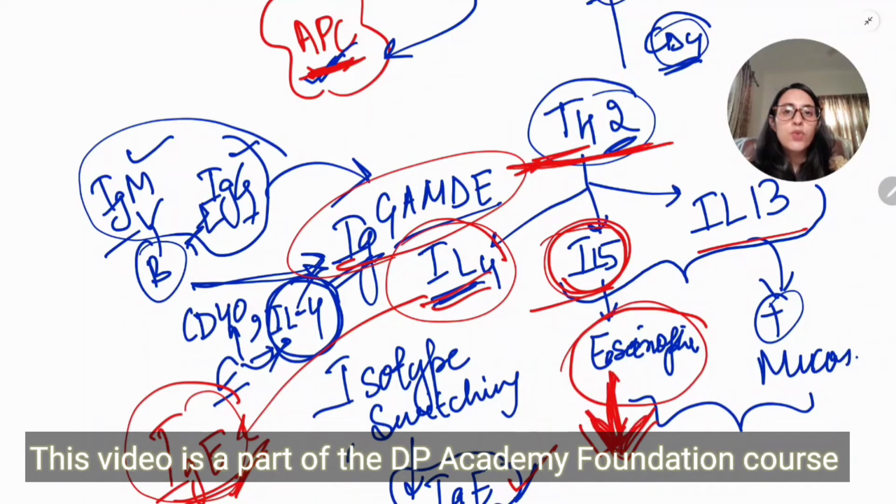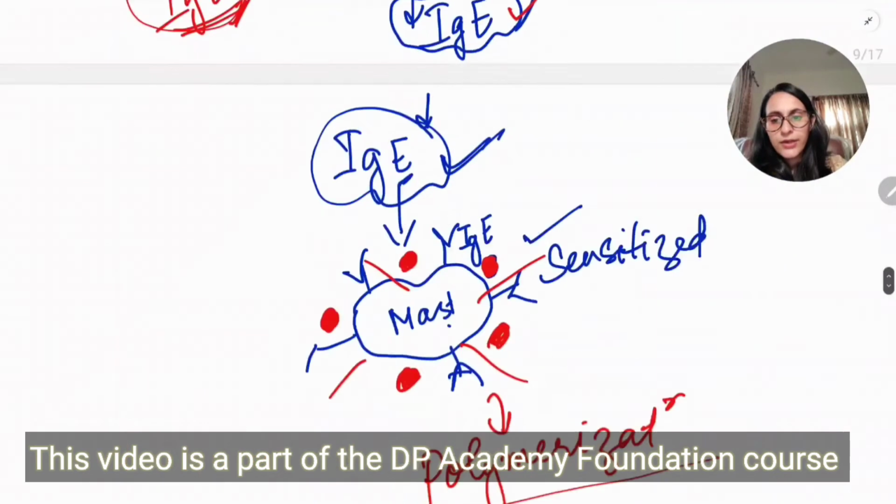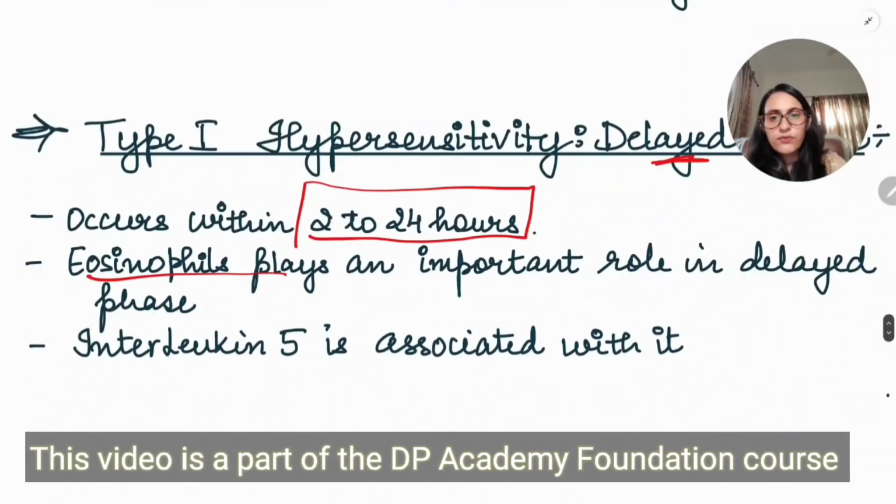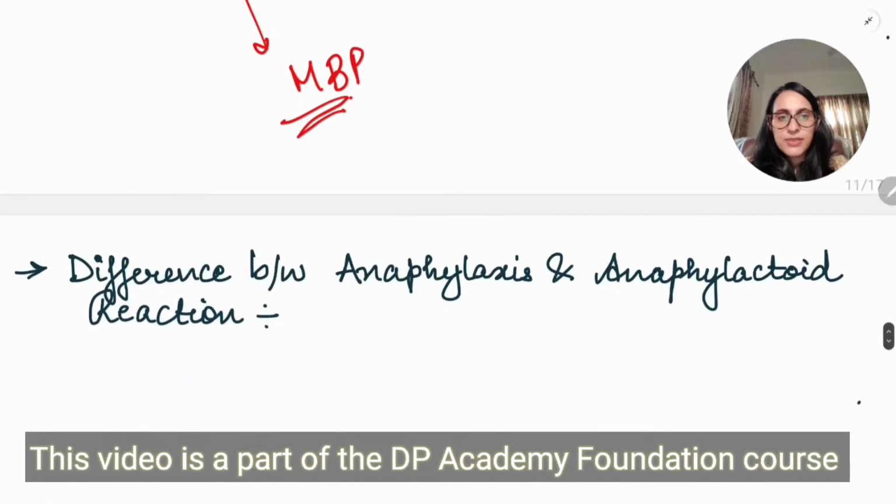But if it is between 2 hours to 24 hours, then the eosinophil plays an important role, which is activated by interleukin 5. And what does the eosinophil release? Eosinophil releases the major basic protein. So this is type 1 hypersensitivity.